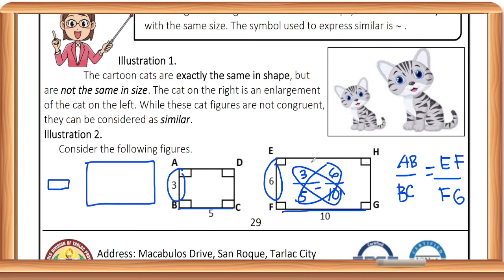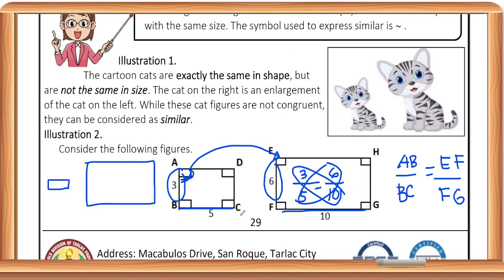Now, paano natin malalaman kung, halimbawa, sa pentagon, sa hexagon? Now, ibig sabihin nun, the corresponding angles must be congruent. Corresponding angle ng A is E and they are congruent. Kasi puro 90 eh. So, obviously, lahat ng angle niyan are congruent. So, okay?